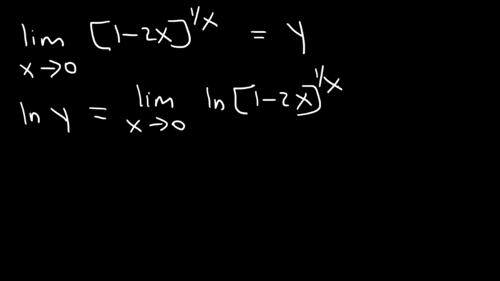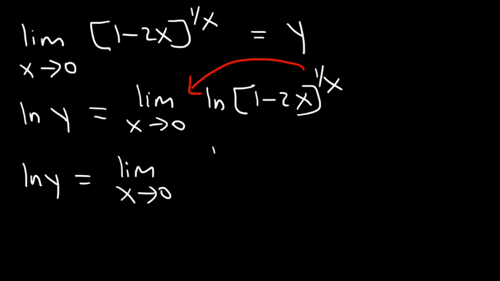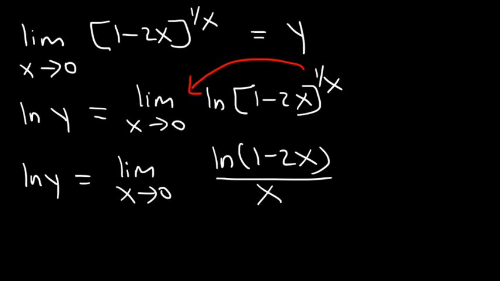Then on the right hand side, whatever is the power, 1 by x, can be written at the beginning. So log y is equal to limit x tends to 0 of 1 by x multiplied by log (1 minus 2x). I can write it in the denominator also directly: log (1 minus 2x) divided by x.